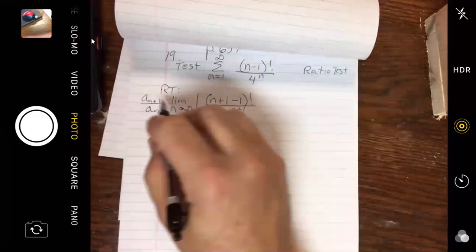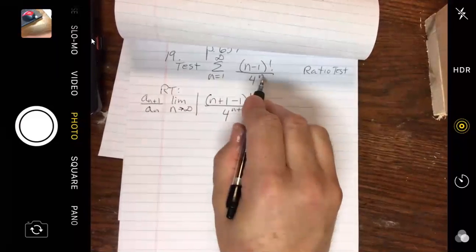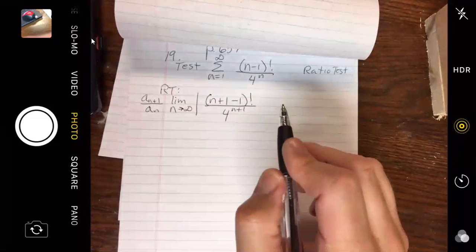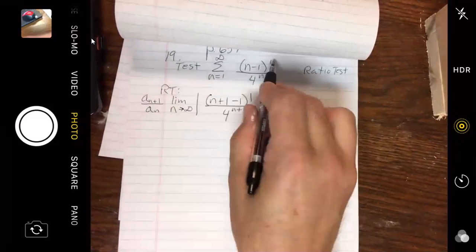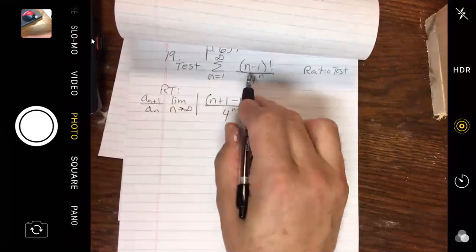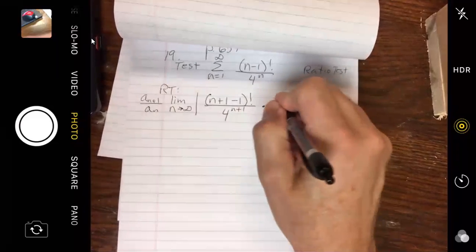So there is your n plus 1, n plus 1 there, n plus 1 there. Now when I divide by a sub n, I'm dividing by exactly this, which means I'm multiplying by its reciprocal.